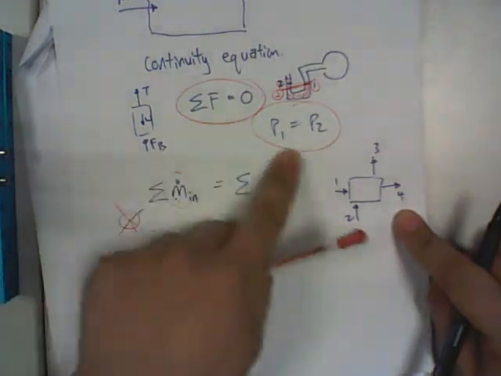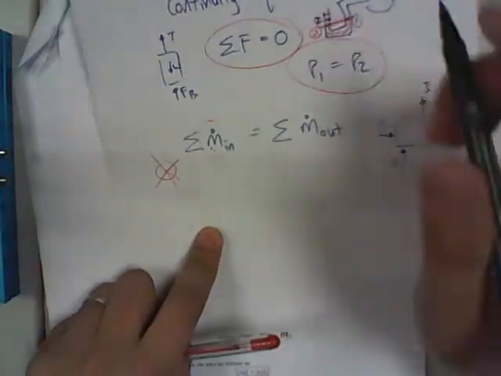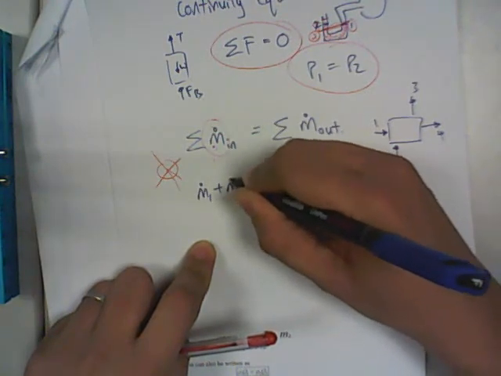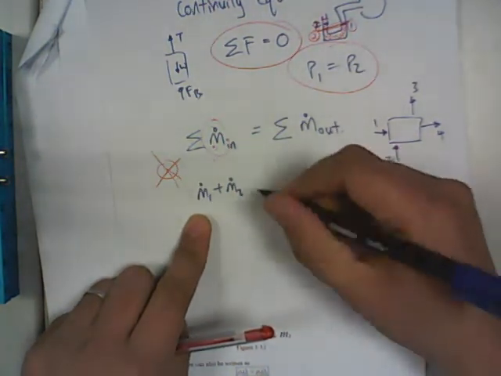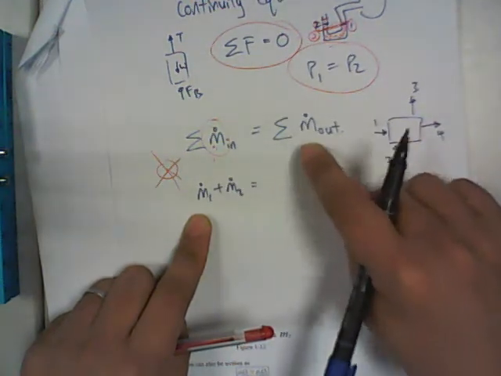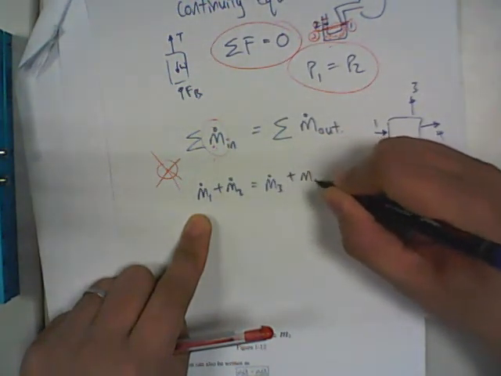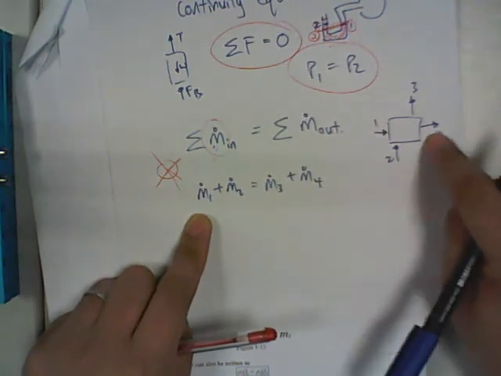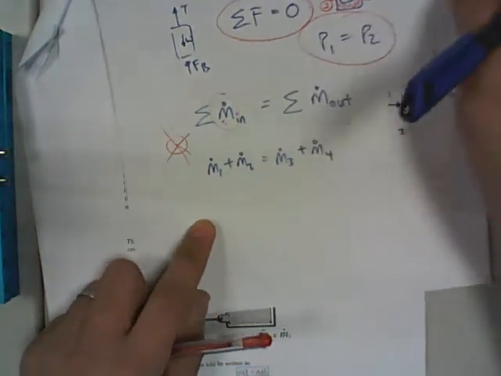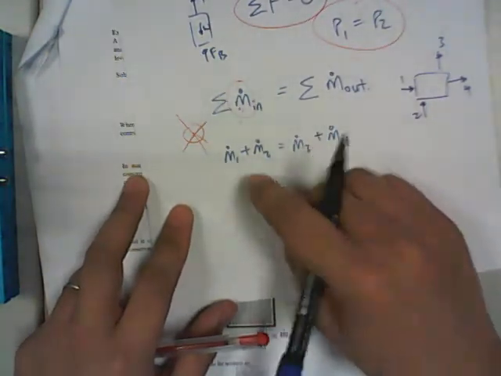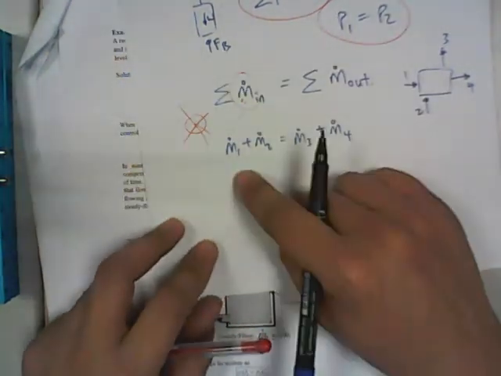To put it into this equation, m dot 1 plus m dot 2, the two going into the system, must equal m dot 3 plus m dot 4 coming out. And this is not the end. You have to expand it further.